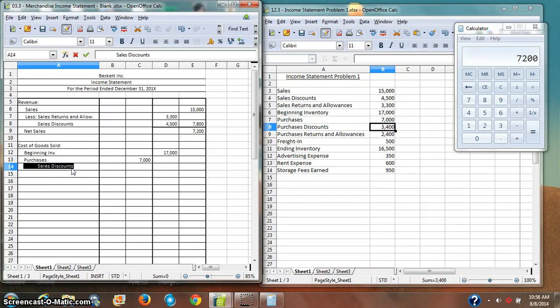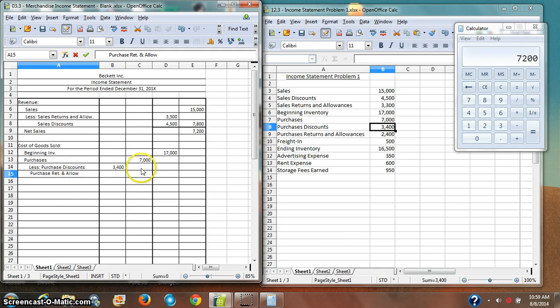And now I'm going to take away and do that deduction like I did up here for sales, less purchase discounts, 3,400. I'm also going to subtract purchase returns and allowances.